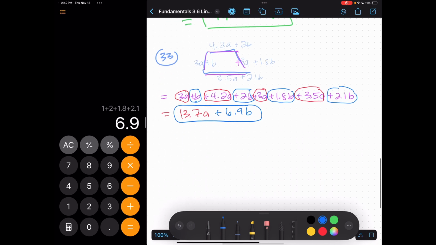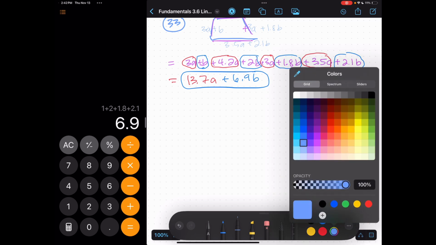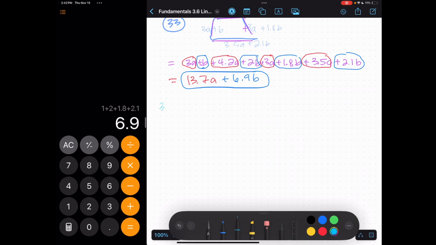Okay, last one. 36. What does 36 say? Next page. Look in the book. The number of hours Caleb and Antoine worked last week is represented by 6h minus 12 and 3h plus 4 respectively.